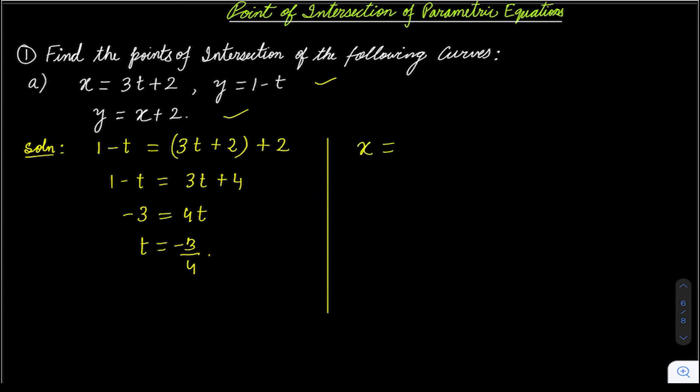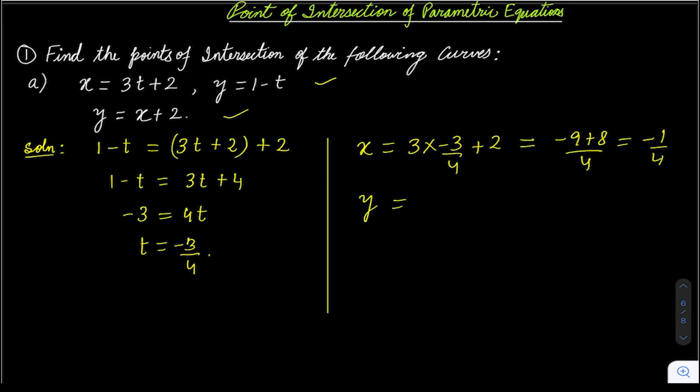So my x is equal to 3t plus 2, which is nothing but minus 9 plus 8 over 4, which is minus 1 over 4.